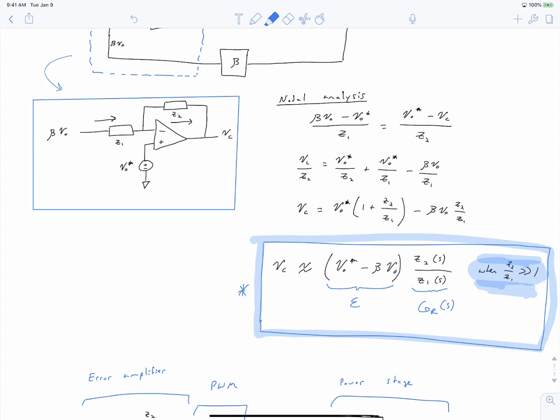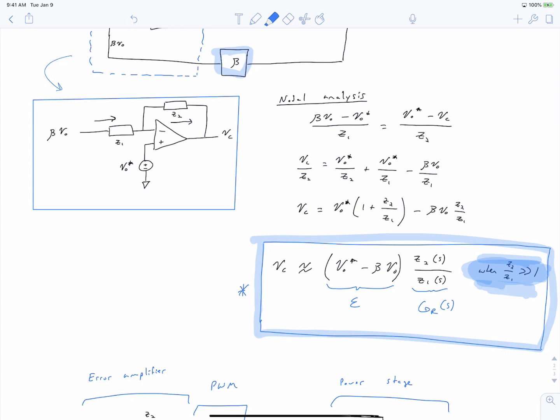Now, this criteria, Z2 over Z1 needing to be much greater than 1, provides another design point for how you select your sensor feedback gain beta, for how you select your negative feedback factor. We need beta to be adjusted so that we can implement our op-amp, so we can pick impedance values for our op-amp that, within the regulation frequency, within the bandwidth of our closed loop regulator, ensure that Z2 by Z1 is much greater than 1.